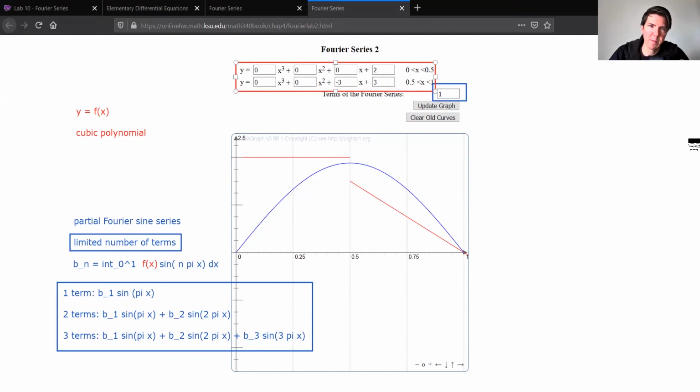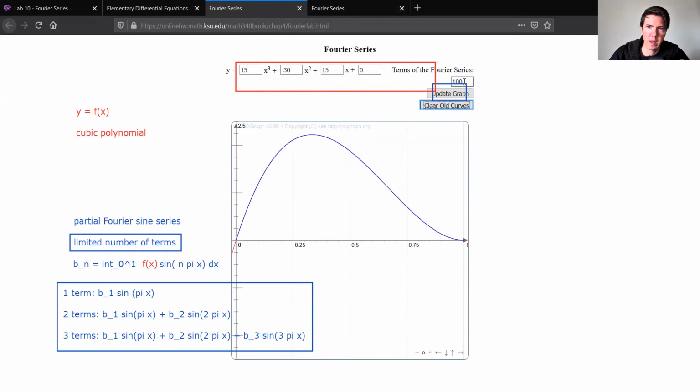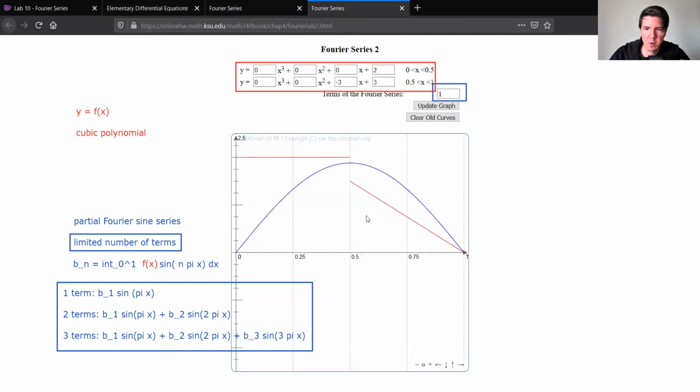And if I jump back to the other applet, and maybe I go back for a second to just the one, clear this. This function, since it's a cubic, is going to be continuous on the interval 0 to 1. With the second applet, what you're exploring is how things can be discontinuous, or in the first case, like how it's initially set up when you open it, you could have a corner where they meet, but there is no derivative.